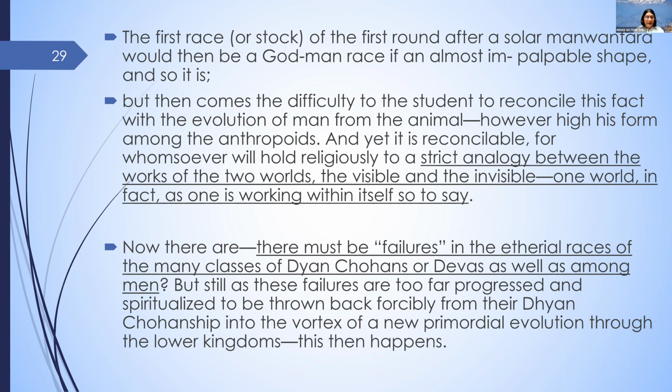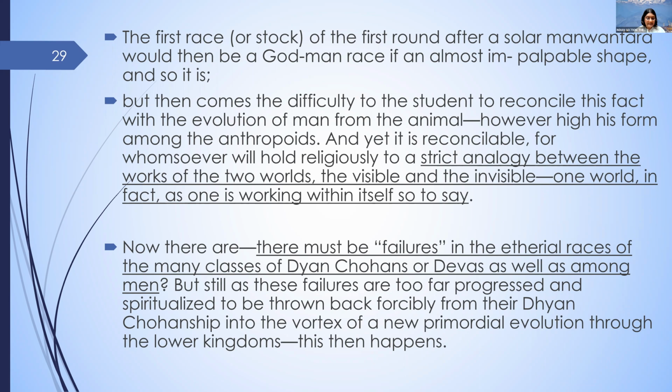So, see, in one place, Mahatma Ji is saying that man, when that evolution started in the first round after a solar Manvantar, that first race was almost God-man. He was so spiritual and so less material or insubstantial that it was even difficult to touch him. But contemporary science has a different view.